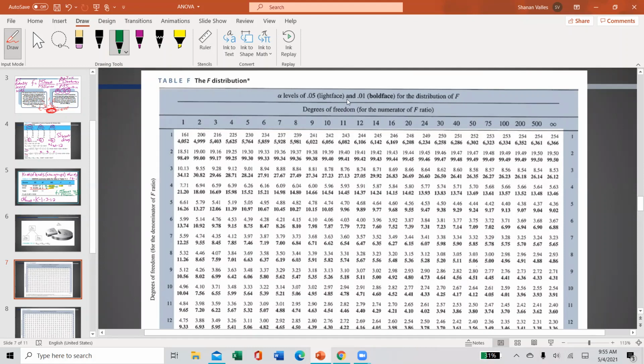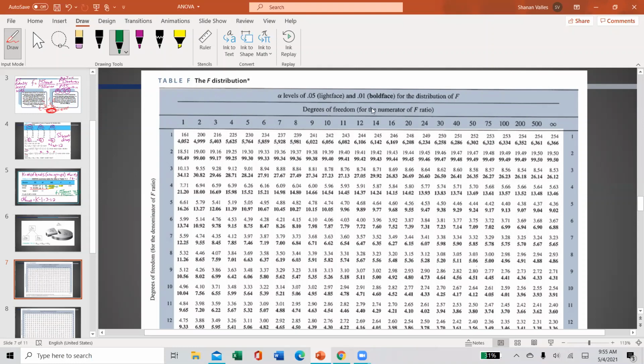There was lots of them. Here, they're only dealing with 0.05 and 0.01, okay? The light face, these up here, are the 0.05s. The bold are the 0.01, okay?